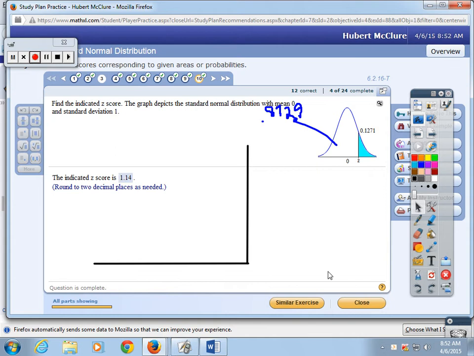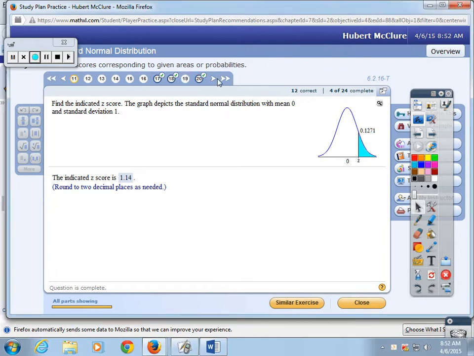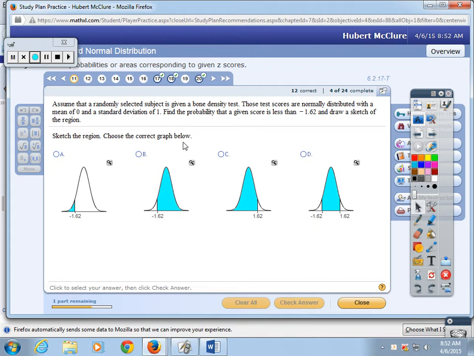And those are given areas, find the z-score. Okay, read this one. Find the probability that a given z-score is less than negative 1.62.